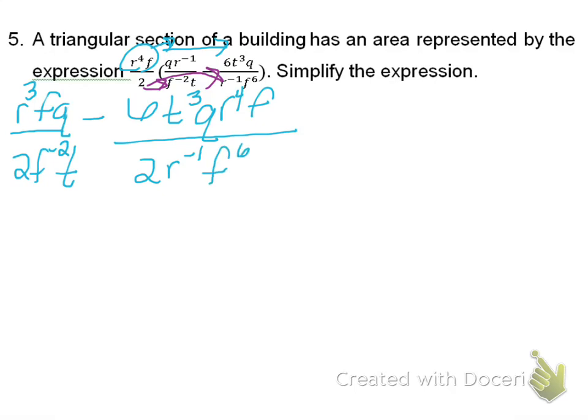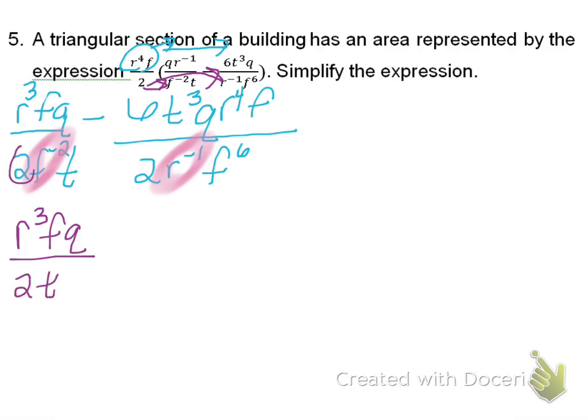Okay, so now our next step again is to go back and find our negative exponents. So we have f to the negative 2nd power and r to the negative 1 power. So we're going to move those. So on the top, everything's staying the same in the first fraction. So r cubed, f, q. And on the bottom, we have 2 and t left.